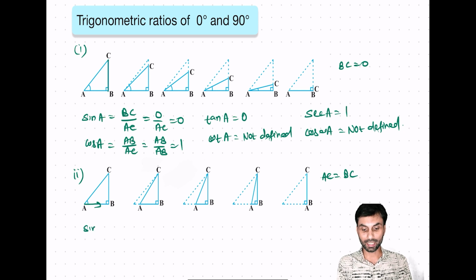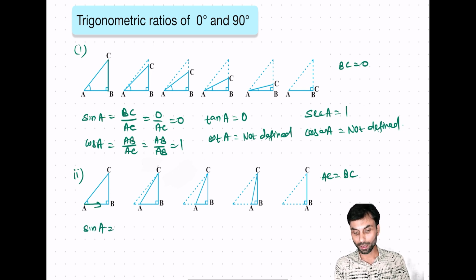So if I try to find sine A, which is opposite BC upon hypotenuse, that is also AC equals BC, and that will be equal to 1.